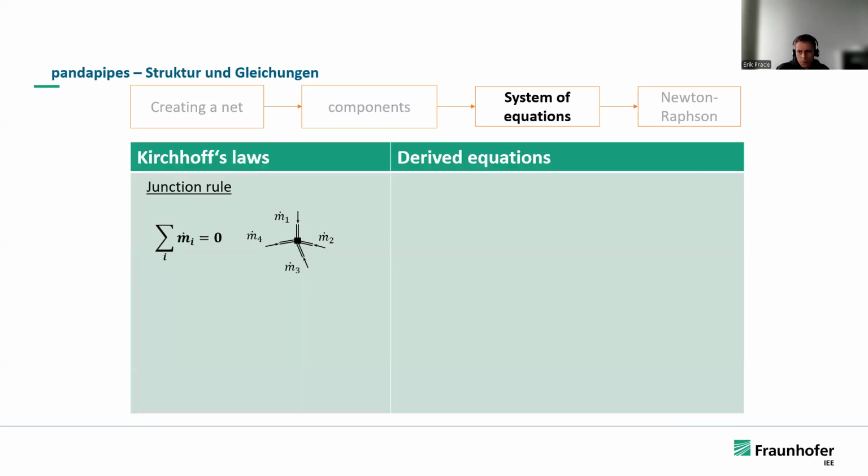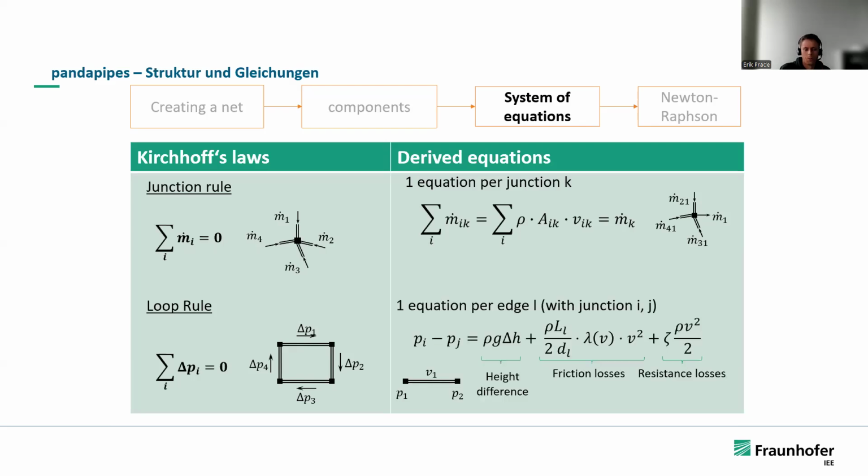So what equations are we using in pandapipes? We are basically using Kirchhoff's laws, very similar to power system analysis. We have the junction rule, which says the mass flow in and out of a junction should equal 0. Then we have the second Kirchhoff's law, the loop rule, which says the pressure difference over one loop should equal 0. For this, we derive equations for each junction and each edge.